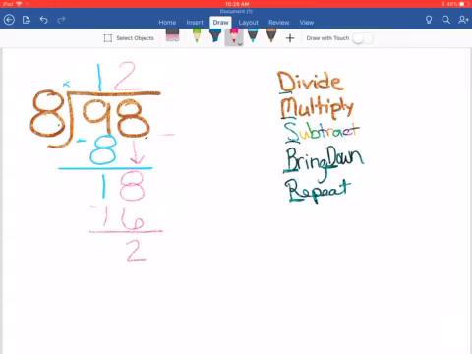Since there are no other numbers to bring down, I'm done, but I need to remember to bring my 2 up as remainder 2. So 98 divided by 8 is 12 with a remainder of 2. Okay. Make sure that you totally understand that before you move on in the video.